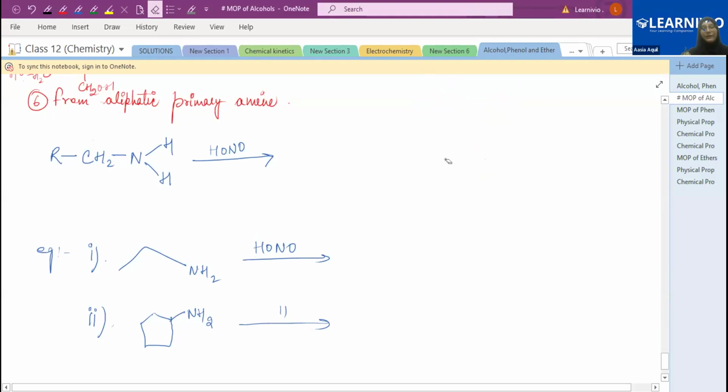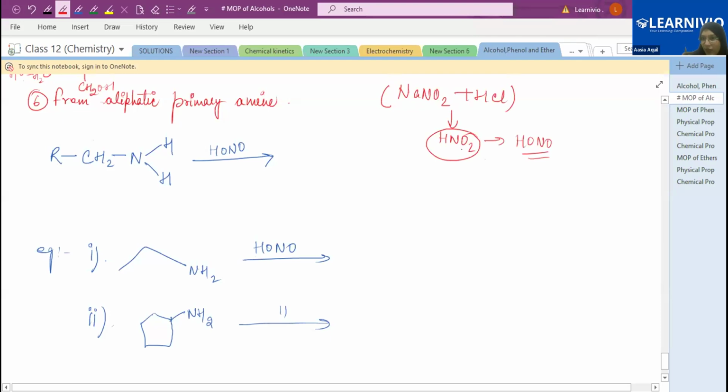So from aliphatic primary amine, how can we prepare the alcohol? See here, when primary amines are treated with NaNO2, sodium nitrite, plus HCl, whenever you see this combination NaNO2 plus HCl, it will give you nitrous acid, HNO2. We also write it as HONO.